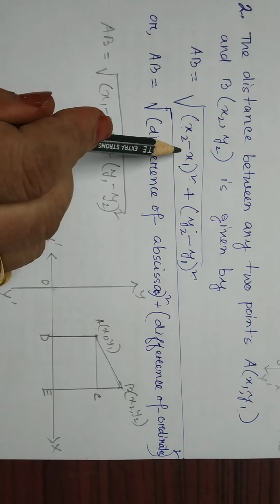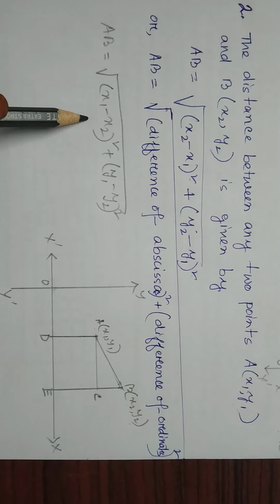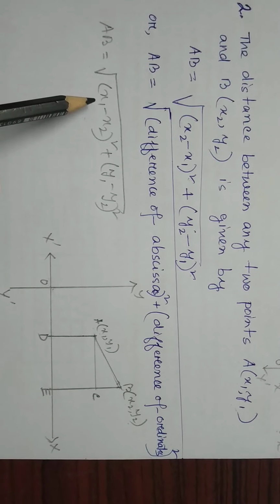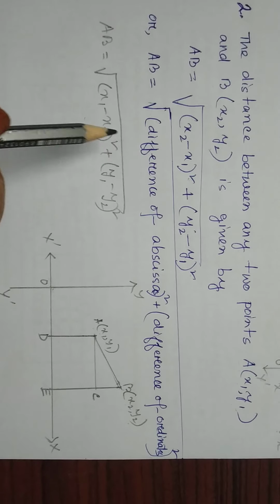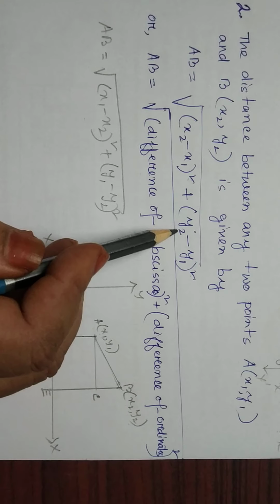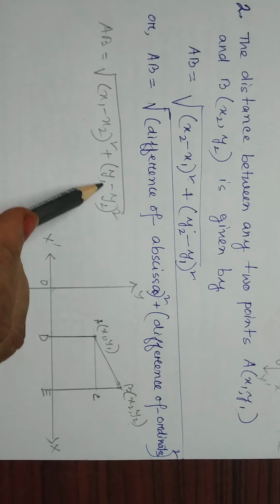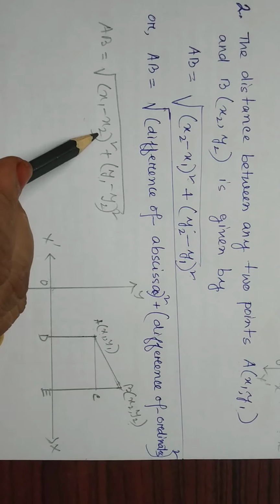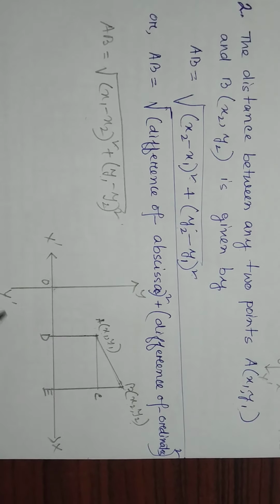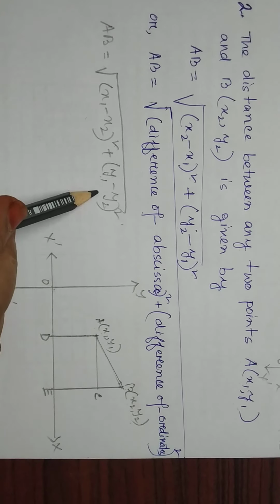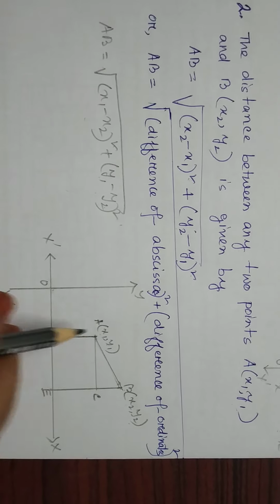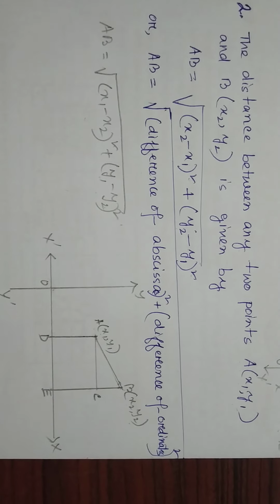You can use this one or that one. If in place of x2 you write x1, and in place of x1 you write x2, and similarly in place of y2 minus y1 you write y1 minus y2, the result will be the same. Why? Because the squares are there. That's why with the help of either formula, we can easily find the distance between 2 points. Just remember these two formulas.